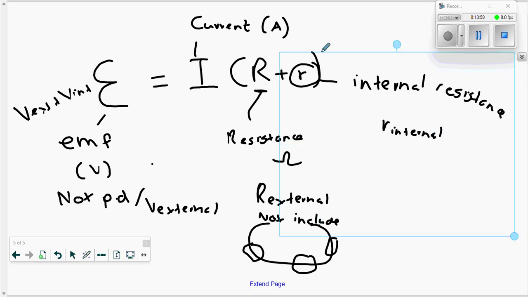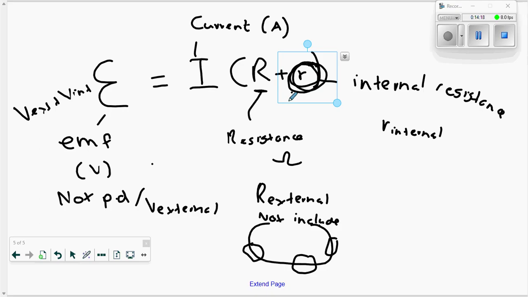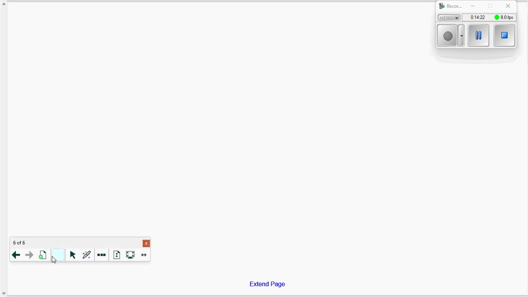This is now representing the resistance inside the battery. It is offering that resistance so that it can get work done, because whenever energy is being used, whenever work is being done, there is going to be some form of resistance. So now we need to take that into account now that we're in grade 11 and 12. I hope that made a little bit of sense.